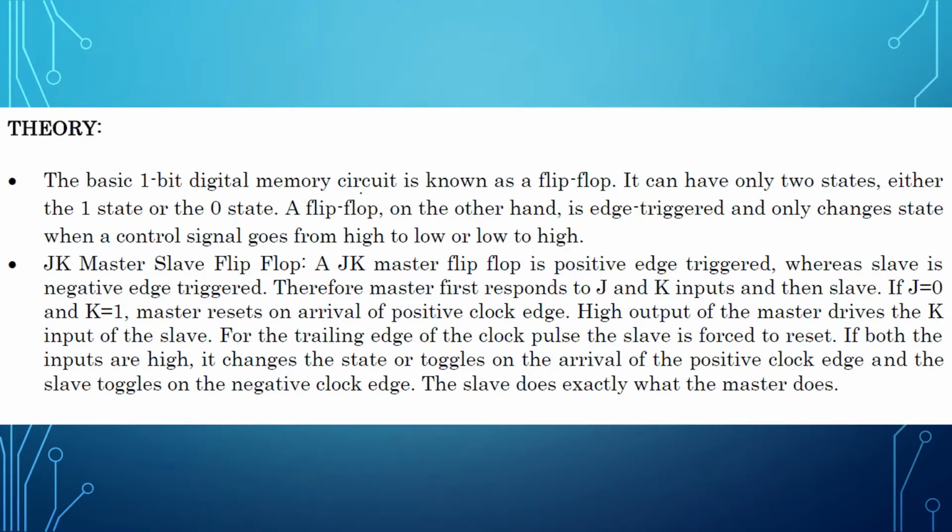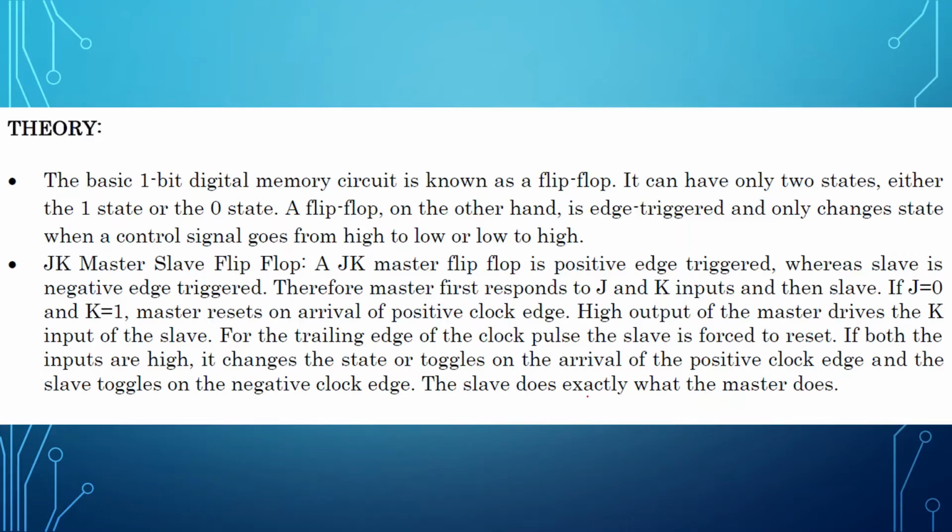So please remember it's a combination of two flip flops. One is the master and one is the slave. You differentiate between master and slave by the time duration for which it responds. One responds to the positive edge of the clock and the other responds to the negative edge of the clock. The slave does exactly what the master does, which means the second flip-flop repeats what the first one is doing.